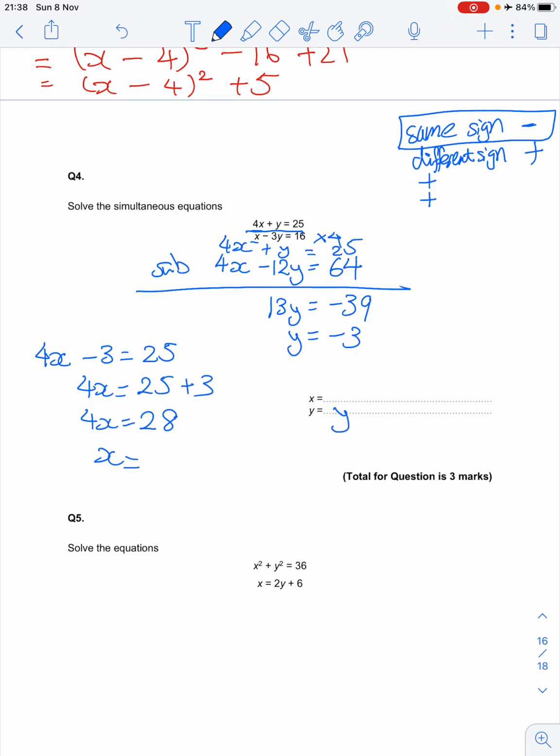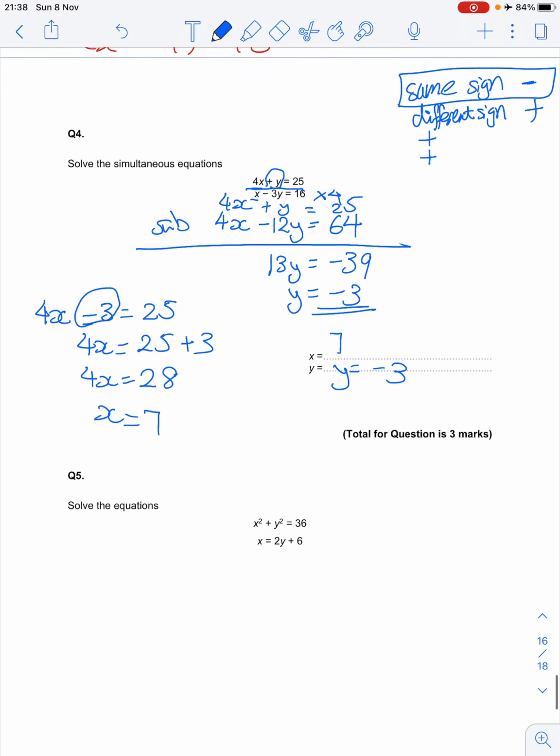Therefore, x equals 7. And y equals minus 3, because we know y equals minus 3, so we're replacing this y value with minus 3.